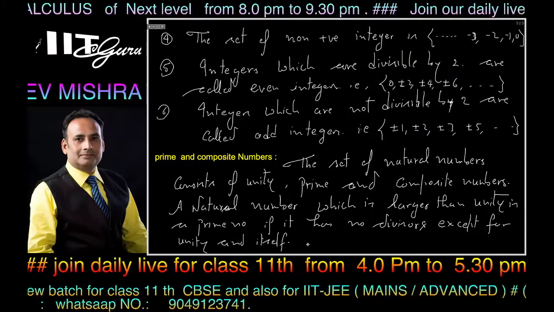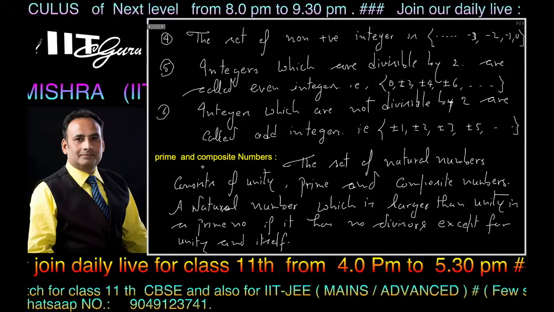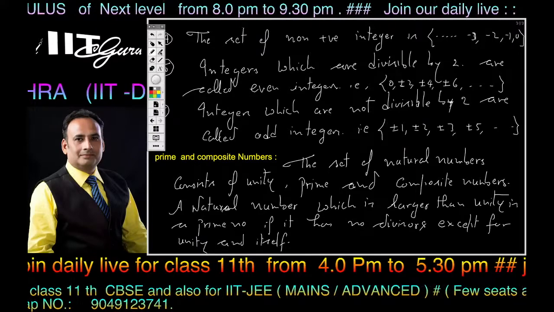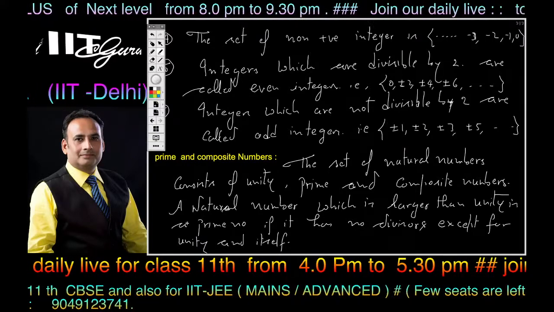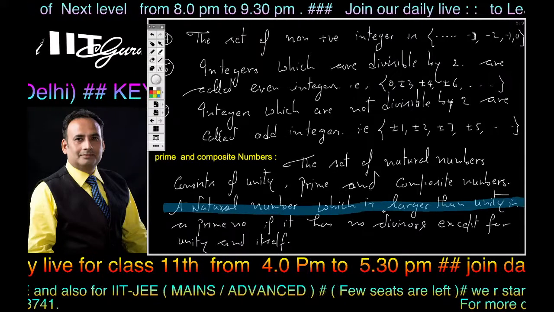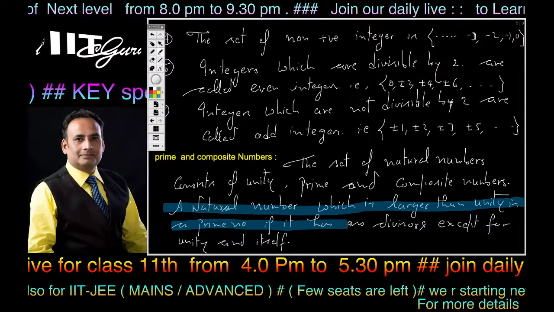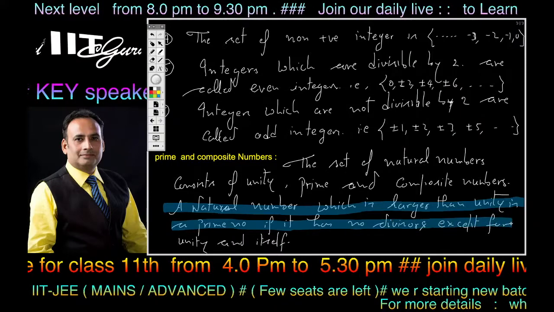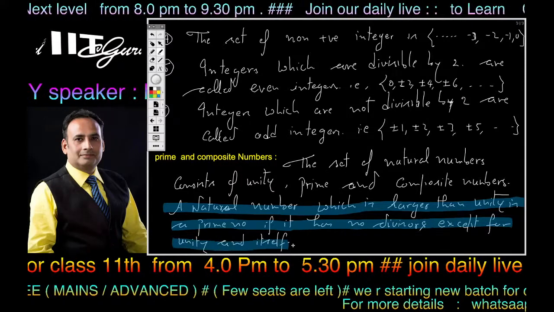And what is a composite number? Let me highlight this once again. A natural number which is larger than unity is a prime number if it has no divisors except unity and itself.